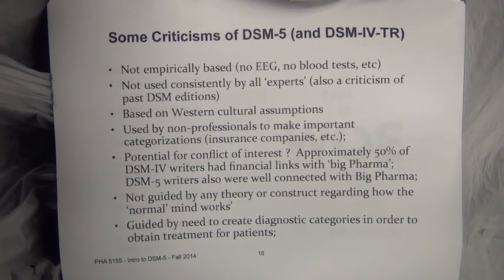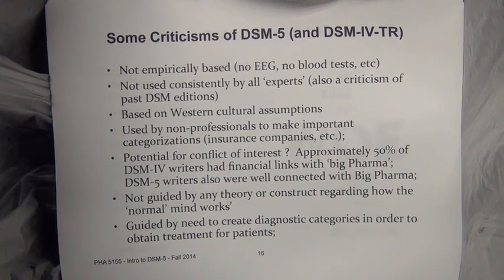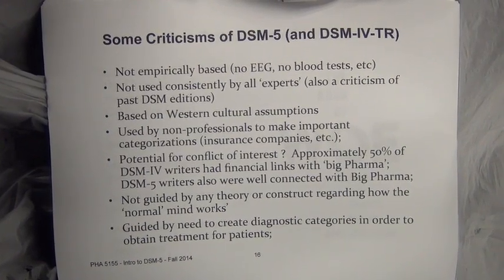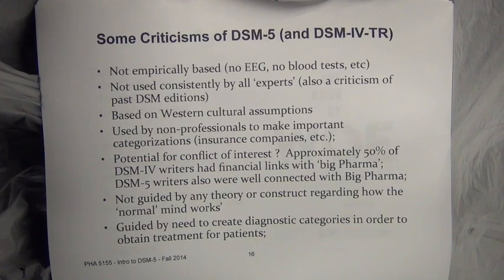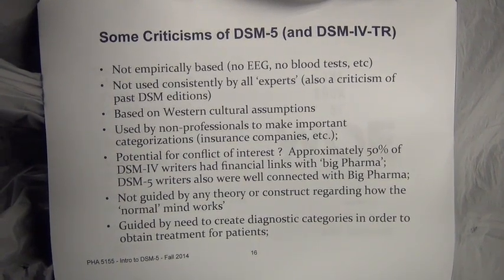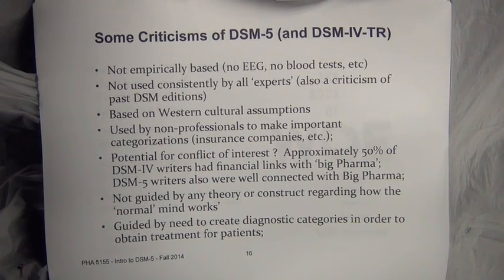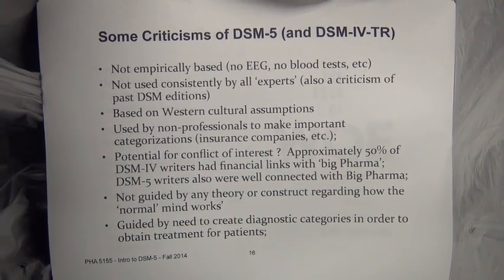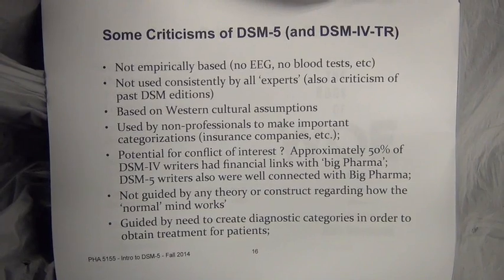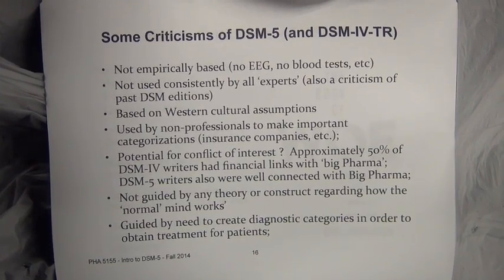And some don't think that's empirical enough. In some situations, it's argued that it's not used consistently by all the experts. That goes back to different people interpreting how you ask the questions and how you deal with the answers differently. It's argued that it's based on Western cultural assumptions, and it probably is.